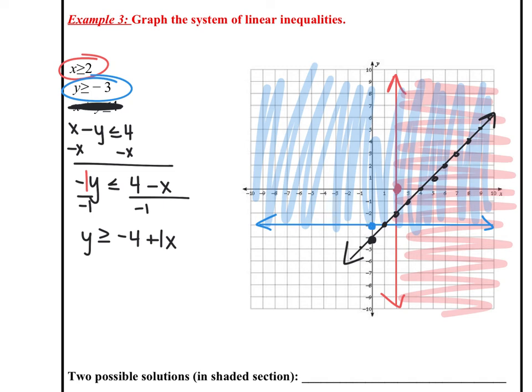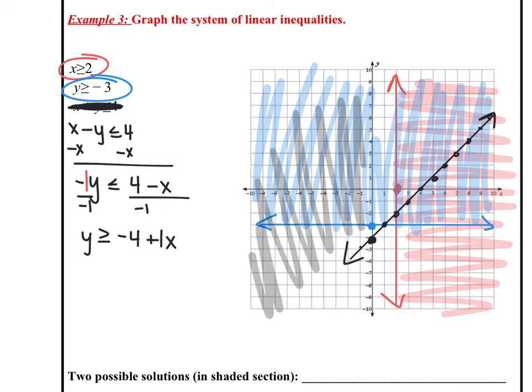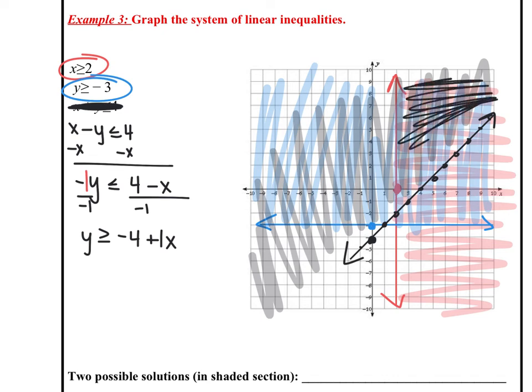And we're shading above the line because it is greater than. I should technically have this all the way over here, but I did not do that. Okay, hopefully now you can see the section where they all overlap. That would be right here.